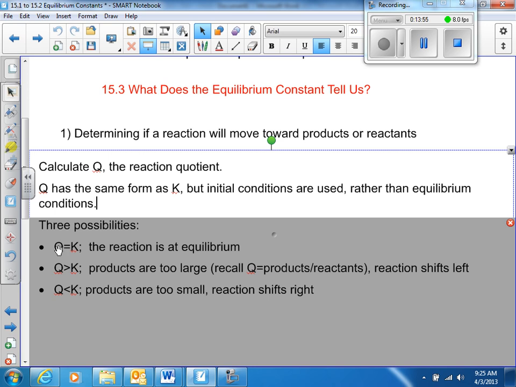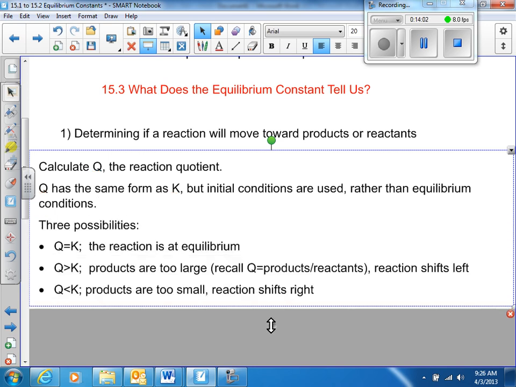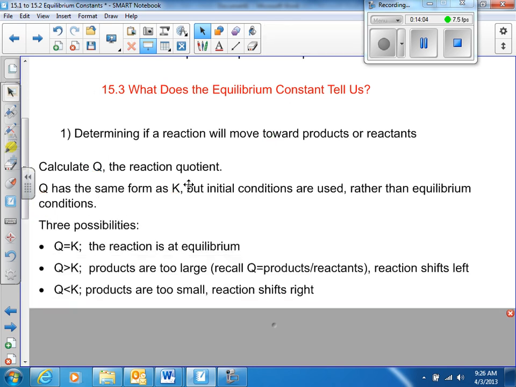And we have 3 possibilities. We could end up with Q equaling K. That just means we're at equilibrium. If Q is bigger than K, it's important to remember that Q and K are both products over reactants.